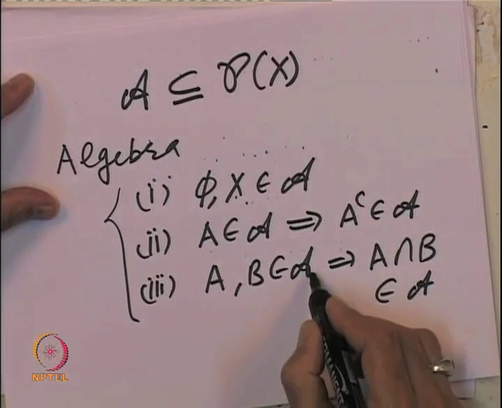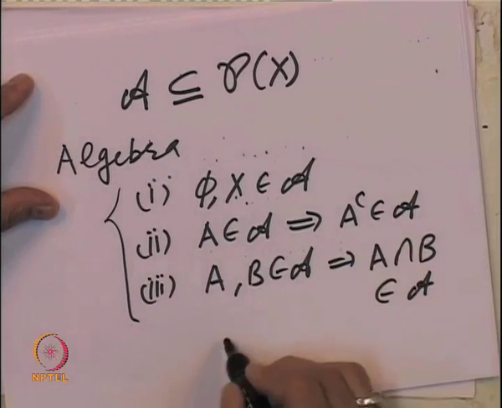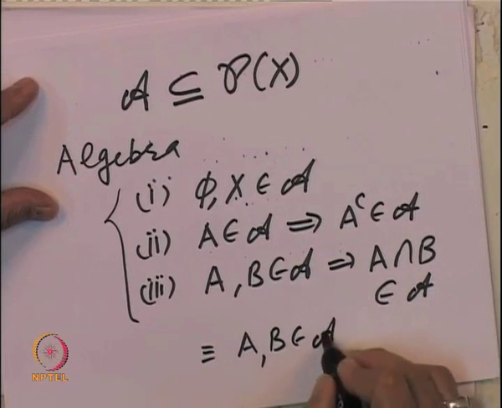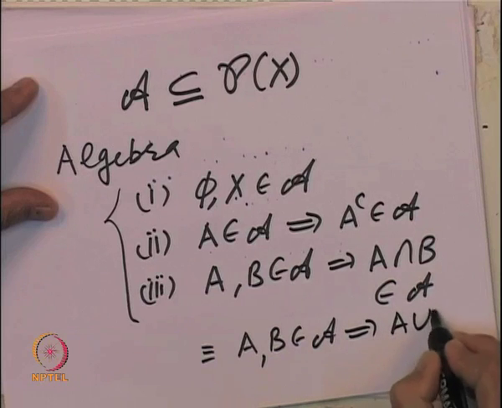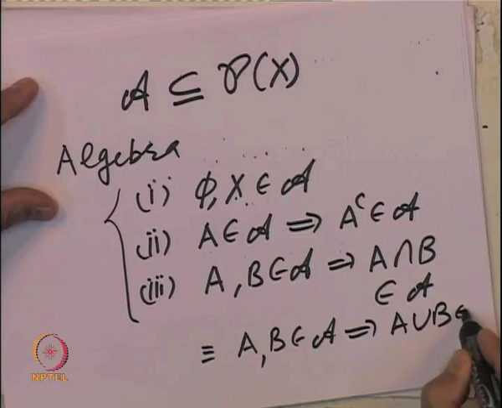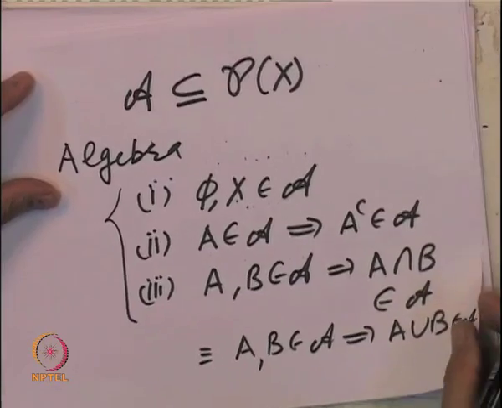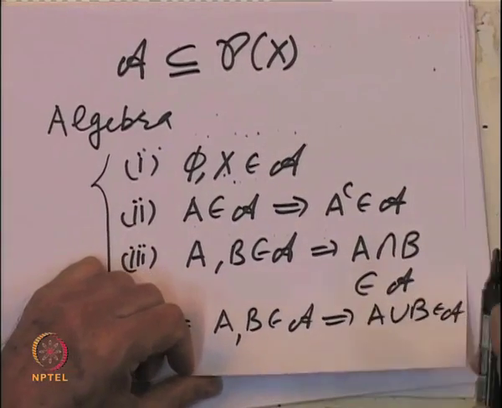And keep in mind that because of complements, the third property can be equivalently stated as A and B belonging to the class A implies A union B also belongs to the class A. So, this is what we have defined as a collection of subsets of a set X to be an algebra. And then we looked at various properties of algebras.